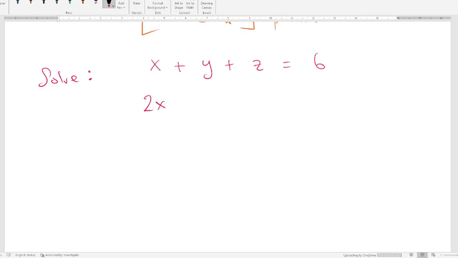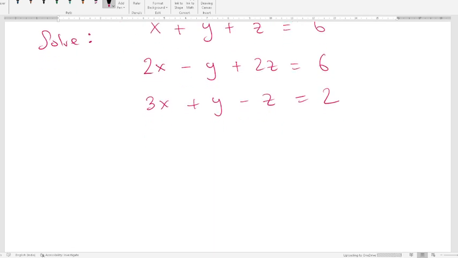And 2x minus y plus 2z is equal to 6 again. And then 3x plus y minus z is equal to 2.